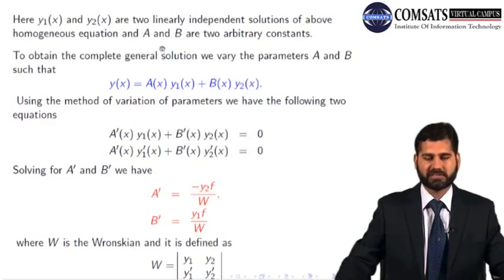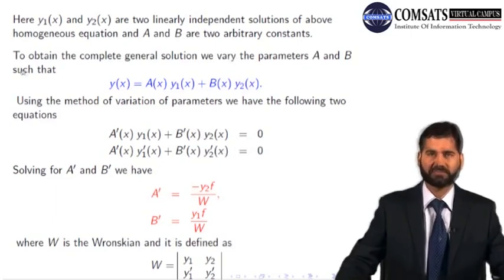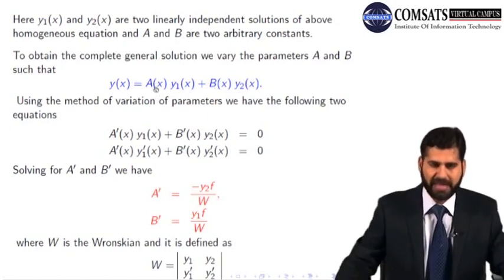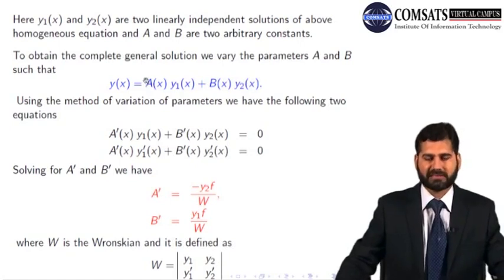and a and b are two arbitrary constants. Now to obtain the general solution, we vary the parameters a and b, that's why we call it variation of parameters. We call them a(x) and b(x) instead of a and b, making them dependent on x.